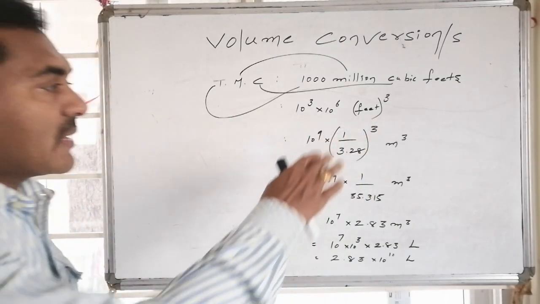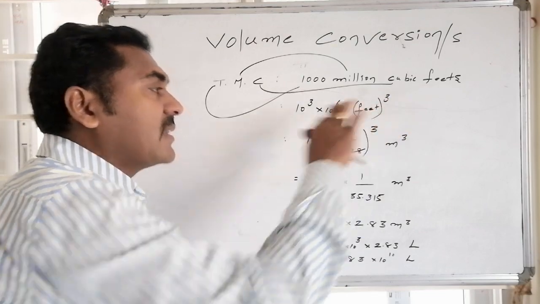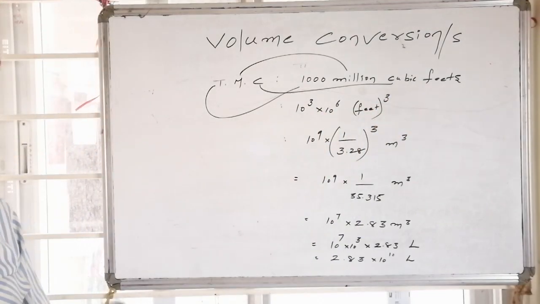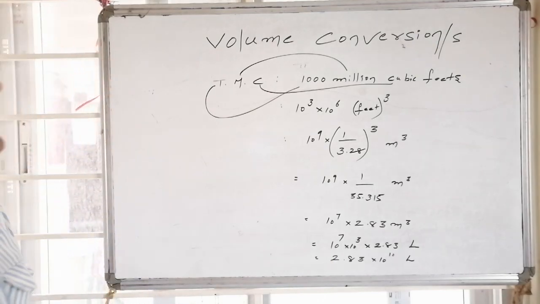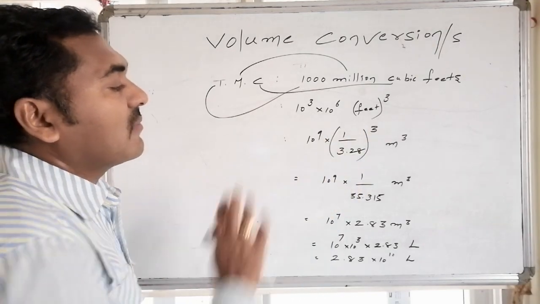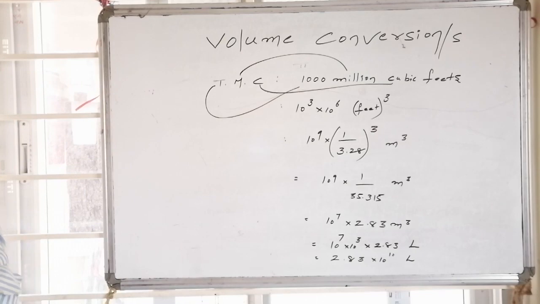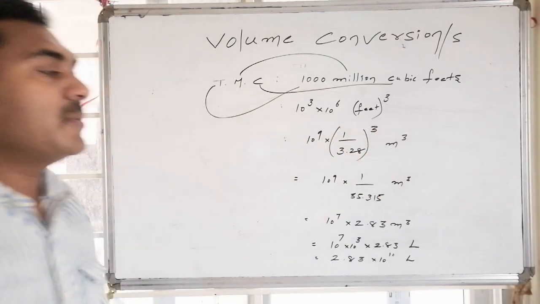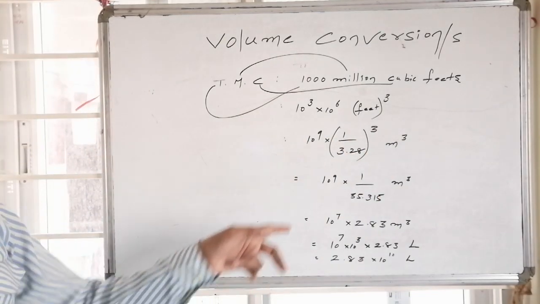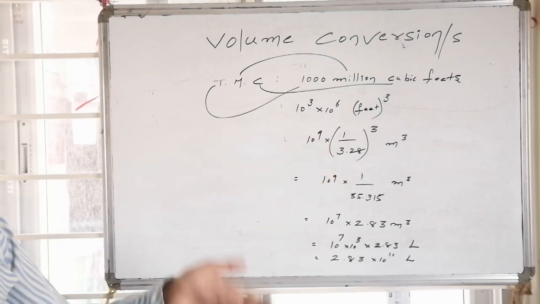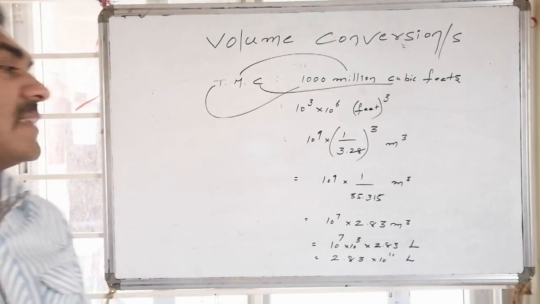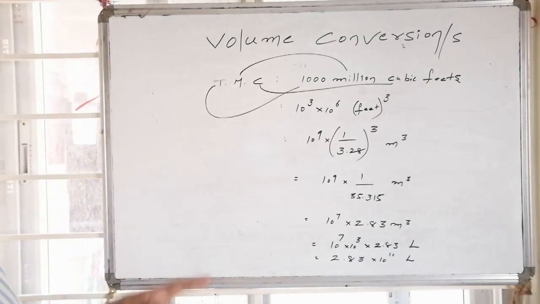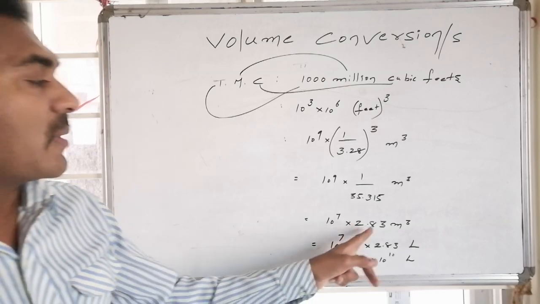So therefore, if I want to convert this feet in terms of meters, every feet will become equal to 1 by 3.28 times of meters, hence 10 power 9 into 1 by 3.28 times of cube will become equal to meter cube units. That on doing cubing, that reaches as 35.315, that is 10 power 9 divided by 35.315 meter cubes, which will become equal to 2.83.